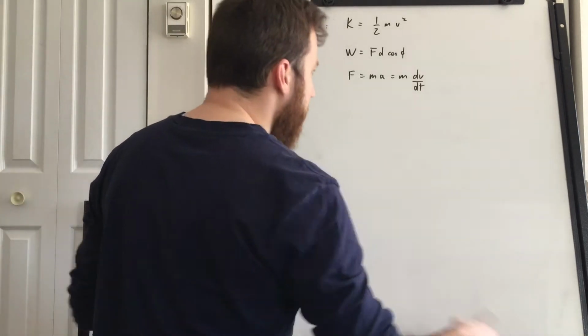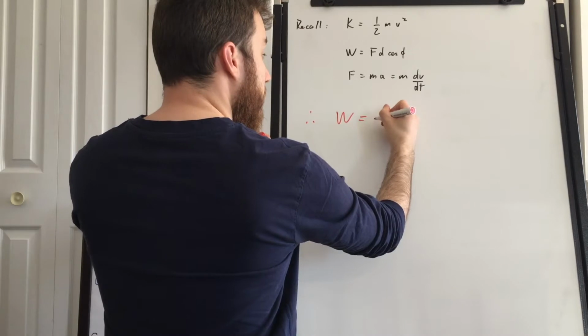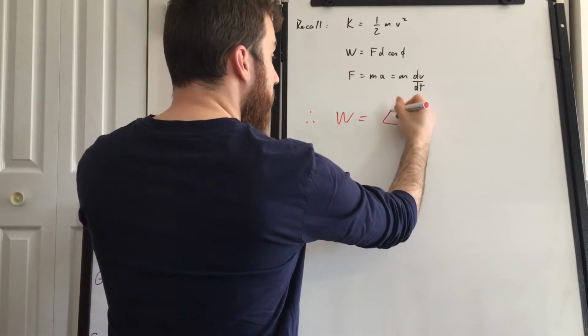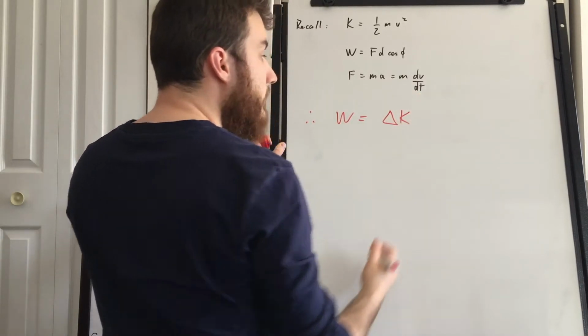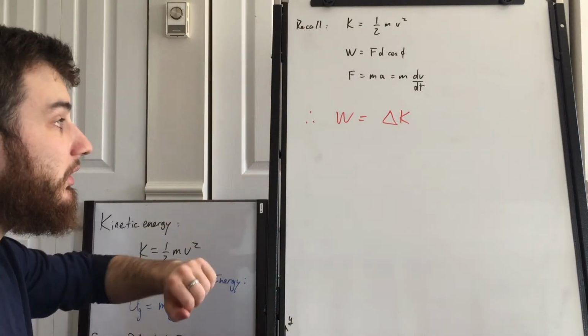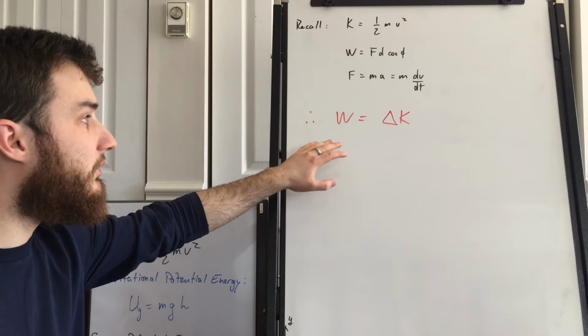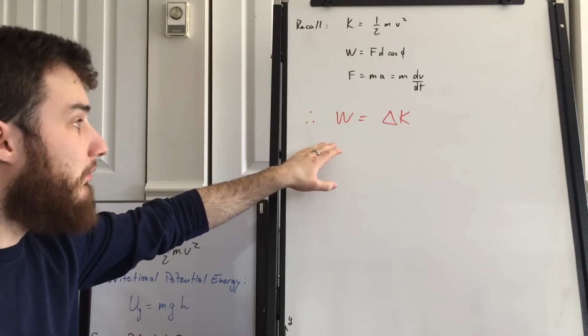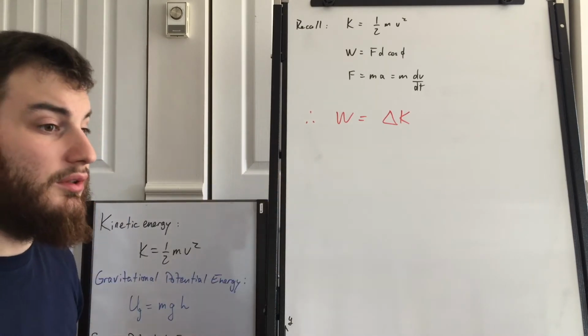But the end result is that the work done by a force will be equal to the change in kinetic energy of that object. You have a change in kinetic energy, there was some force that did a work, and the two are equal this way.